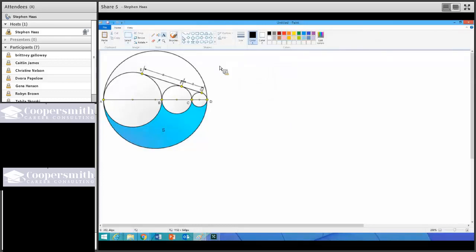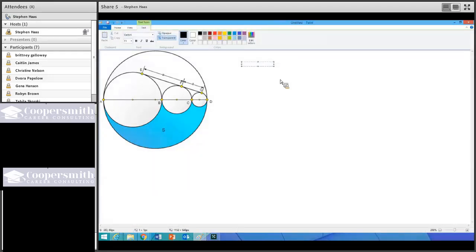For our purposes, let's say, given, B is the center of the largest circle, and we'll also say that the area of circle C is, let's say, 100 pi.